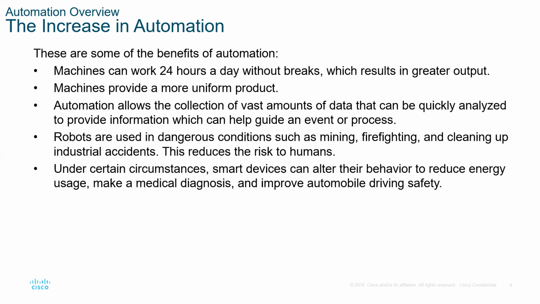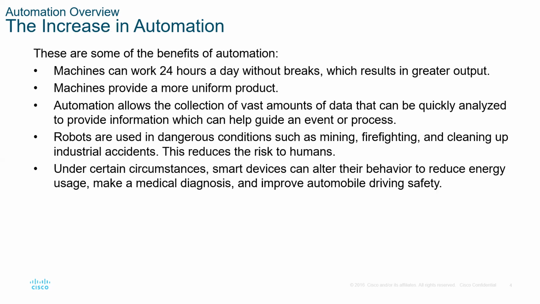And the benefits that come with that, in general: machines can work 24 hours a day without breaks, resulting in greater output, obviously. Machines provide a more uniform product, with fewer errors. Machines have fewer errors compared to humans.